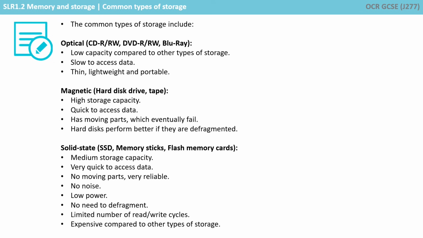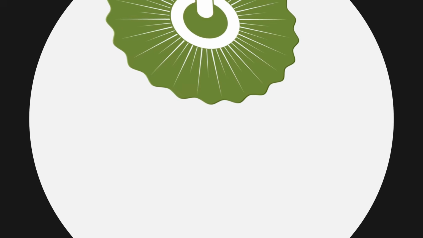And solid state: medium storage capacity, very quick to access data, no moving parts, very reliable, no noise, low power, no need to defragment, but has a limited number of read-write cycles and is still expensive compared to other types of storage.